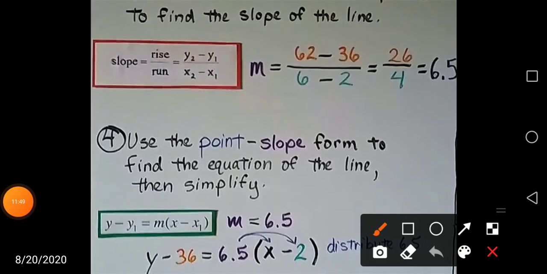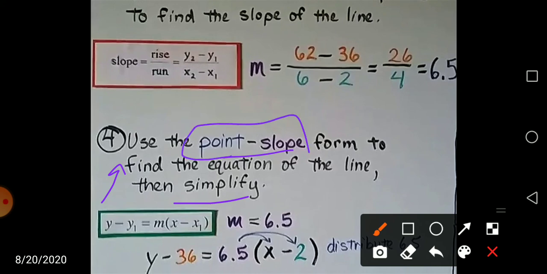Then, my dear students, the fourth step: use the point slope form to find the equation of the line, then simplify. So do you remember the point slope form? Yeah, the point slope form is y minus y sub 1 equals m times x minus x sub 1. I have here m is 6.5.